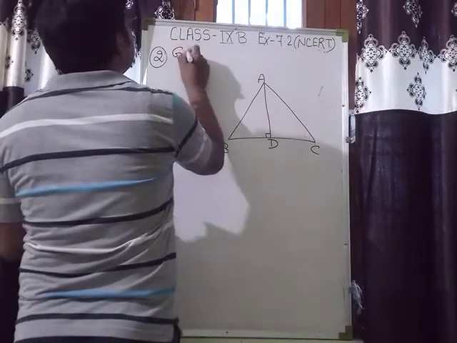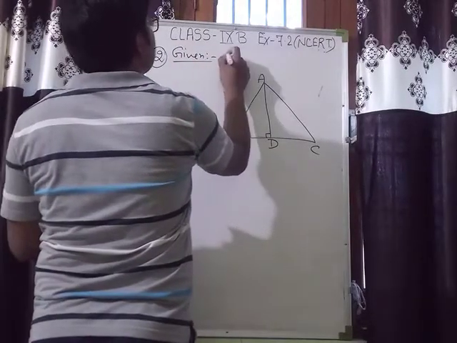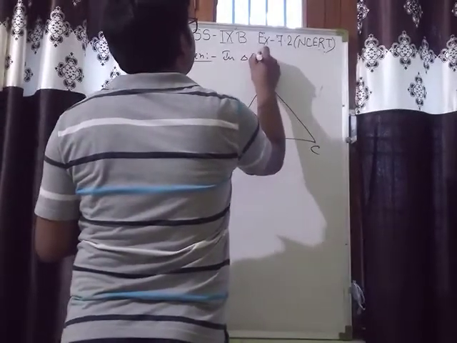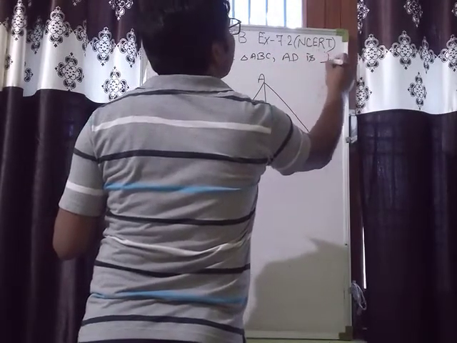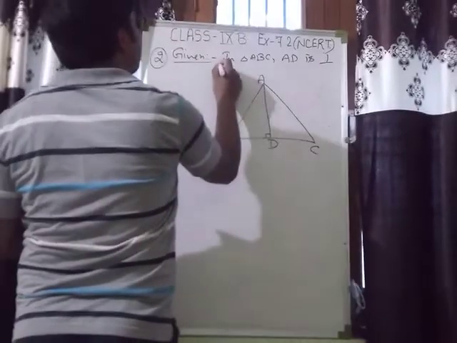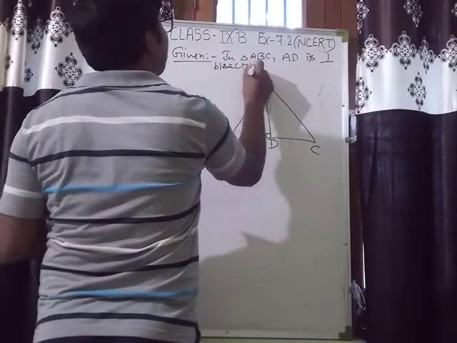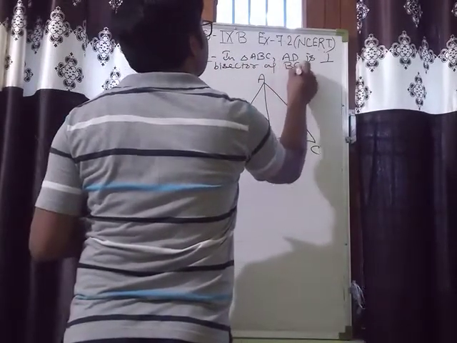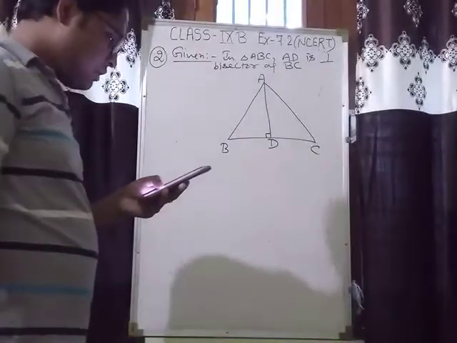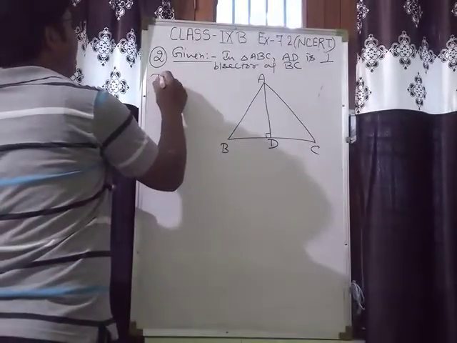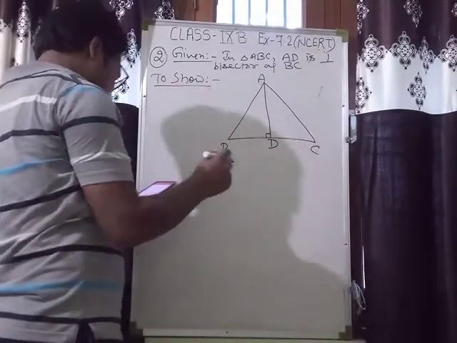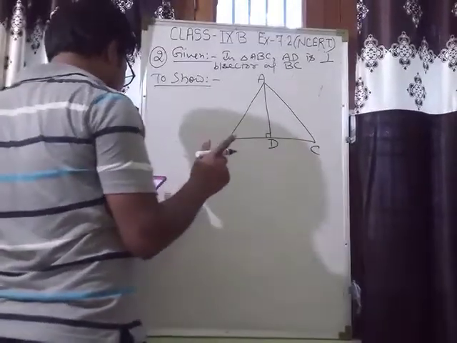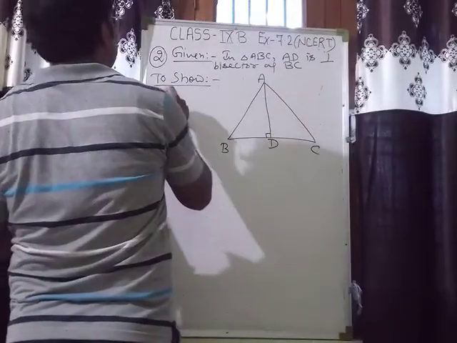So what is given here? In triangle ABC, AD is the perpendicular bisector of BC. Okay. So we have to show that triangle ABC is an isosceles triangle with AB equal to AC.